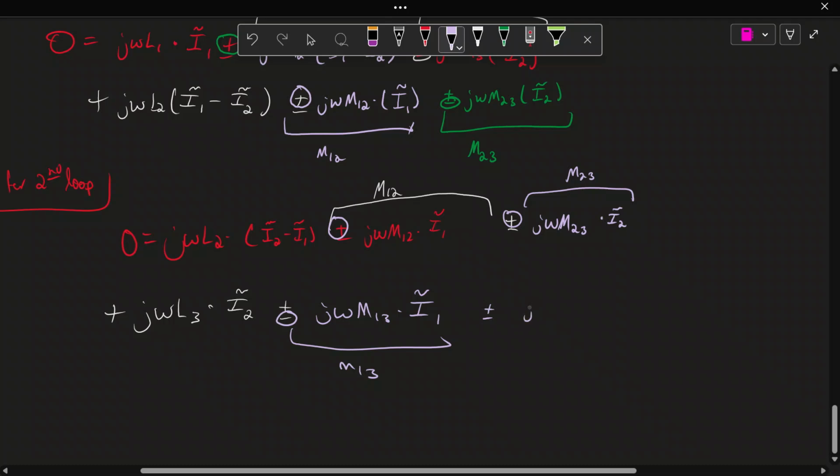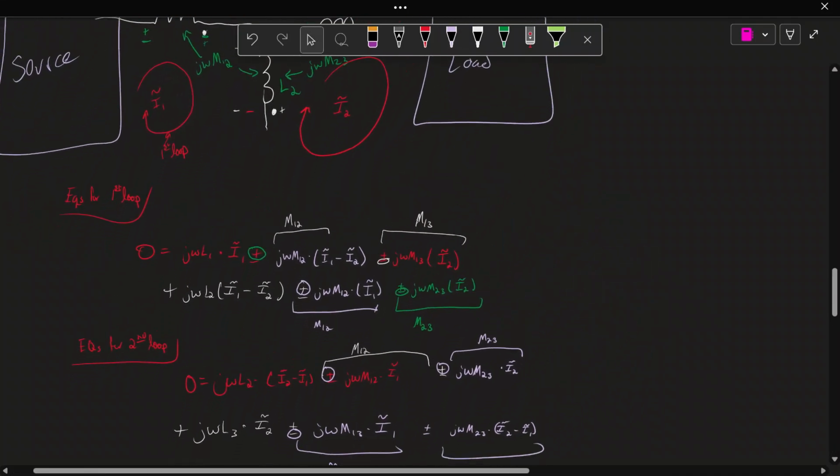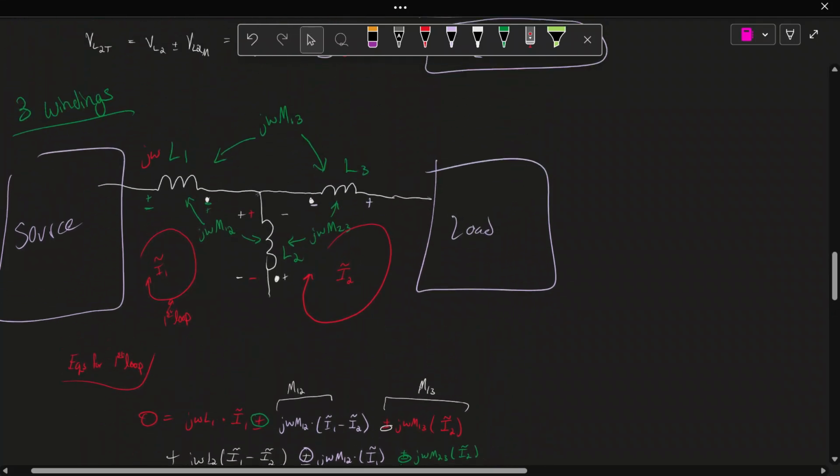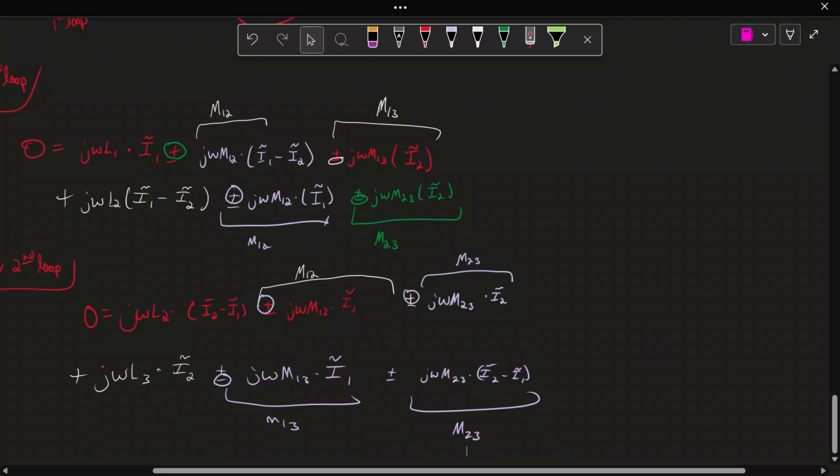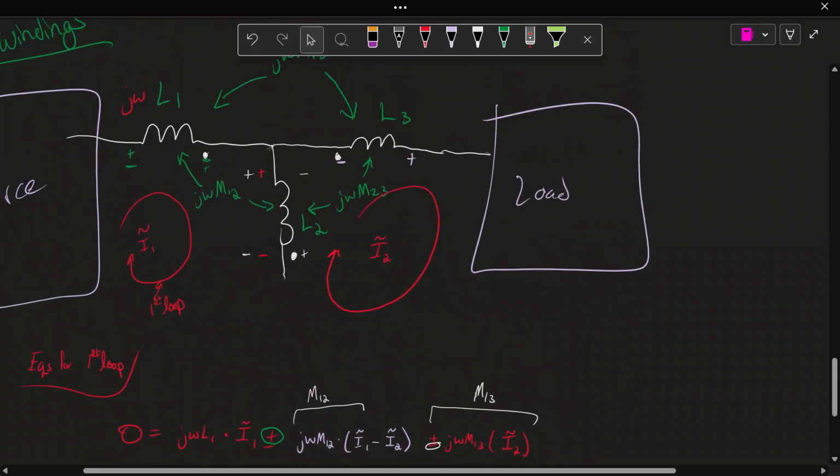Now we have a mutual inductance j omega M23 times I2 minus I1. This is going to be M23, the mutual inductance that L3 feels from L2. Now, how do we know if it's positive or negative? The current going through L2 is I2 minus I1, which is from bottom to top.